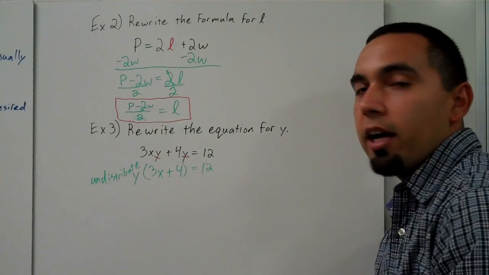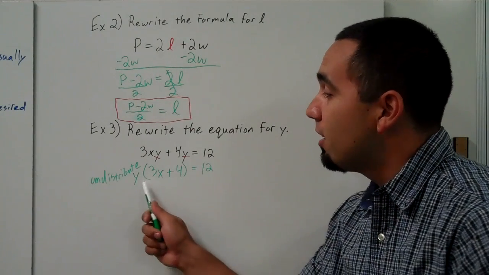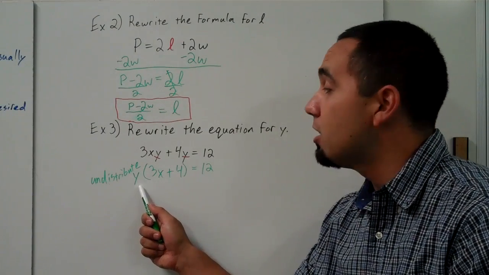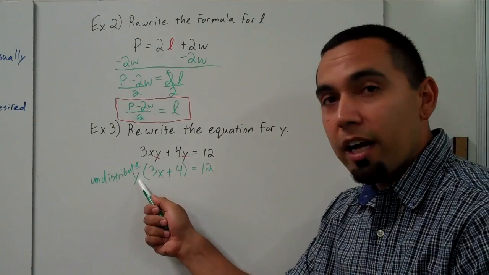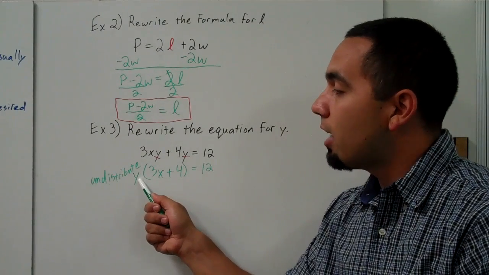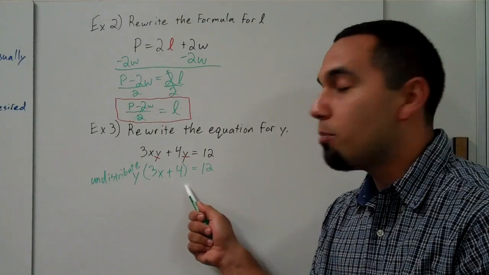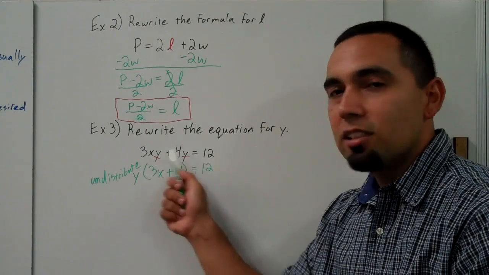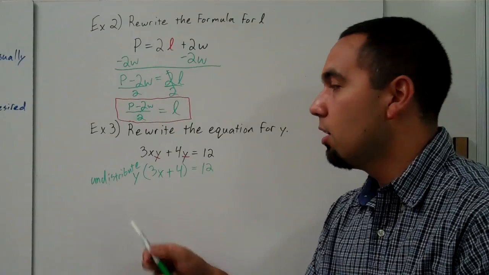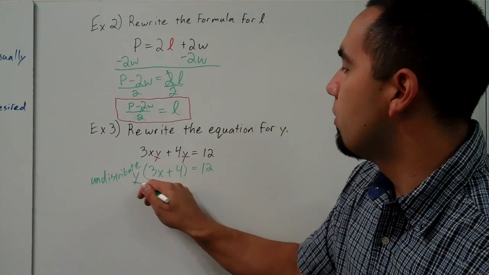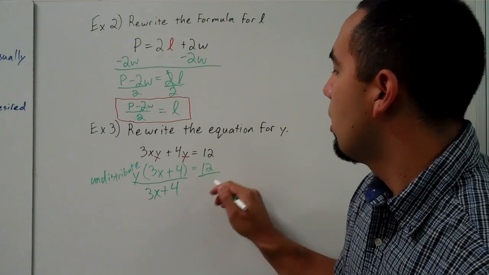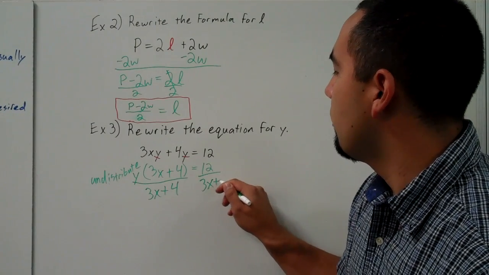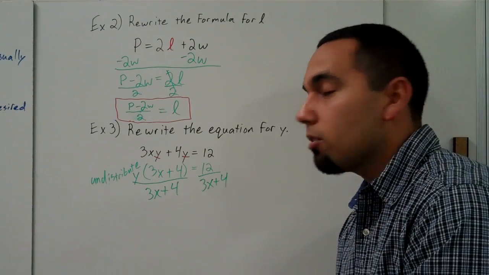Now that I have only one y, it's going to make it a lot easier to get it by itself. If I want to get this by itself, all that's happening with y is that it's being multiplied by this big thing. Since it's being multiplied by this big thing, I can just divide by that big thing. And if I do it to one side, I have to do it to the other.